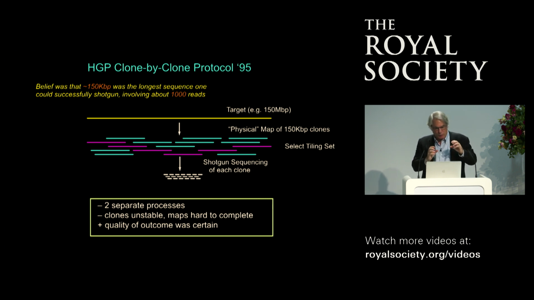And this was the process the Human Genome Consortium was using, and in many ways it was appropriate because they were spending taxpayer dollars and had to make sure they would produce a result. It was very reliable. But from an efficiency point of view it was quite difficult, because you had two separate processes.